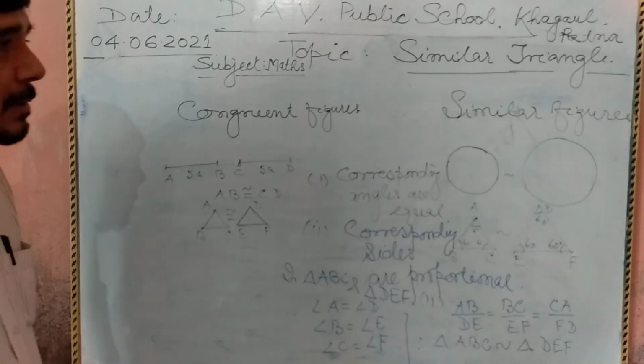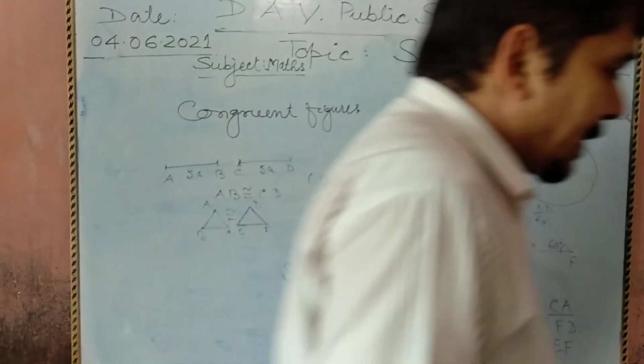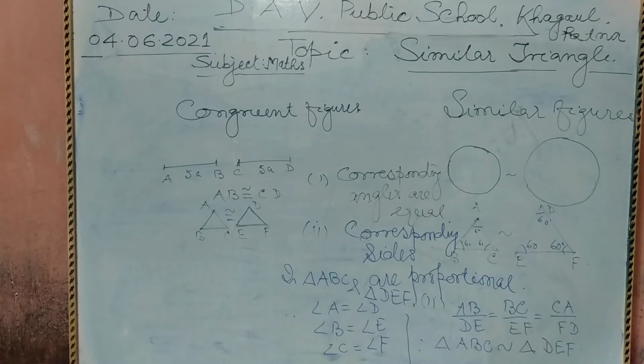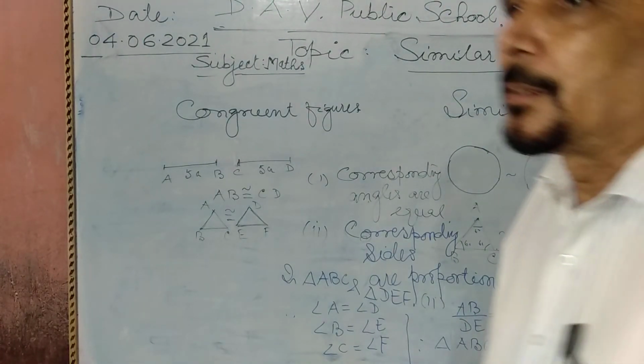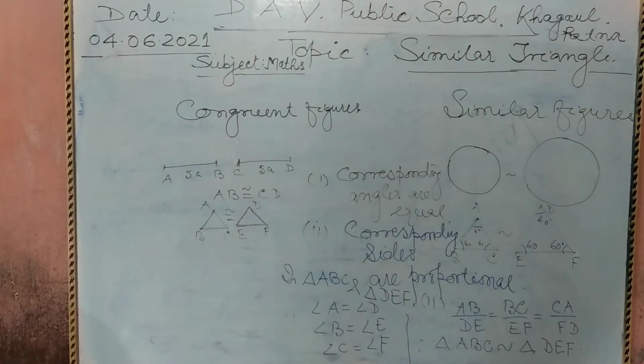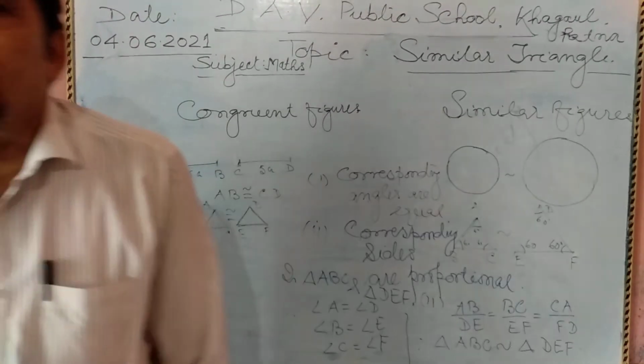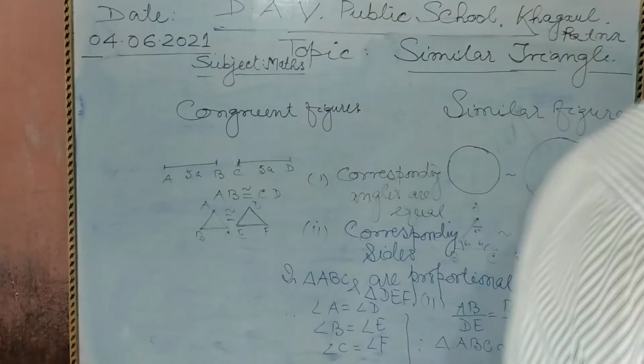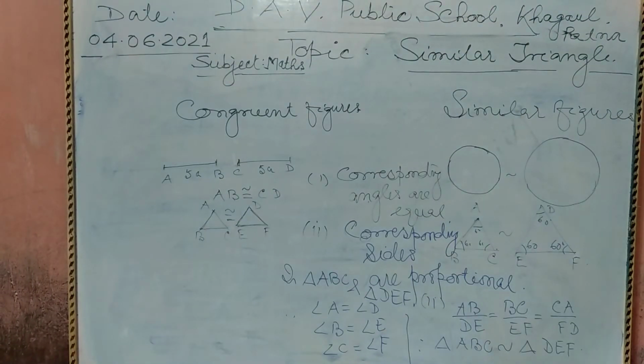So similarity is not only for triangles. Similarity is for any geometrical figures. If you are taking two geometrical figures, both are in the shape of triangles, both are of equal shape, like both should be equilateral triangles, both should be isosceles triangles.